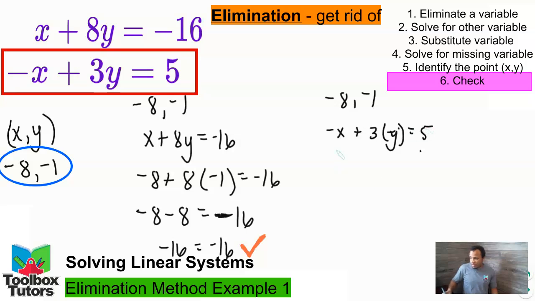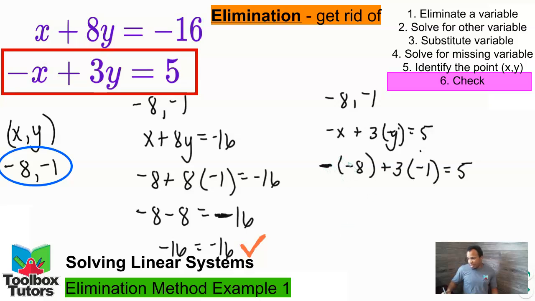I almost got ahead of myself. So negative x, when I put this negative 8 in, I'm going to put this negative sign first, and I'll put negative 8 in parentheses to make sure we account for the negative sign in front. So now we have plus 3, and then y is equal to negative 1 equals 5.